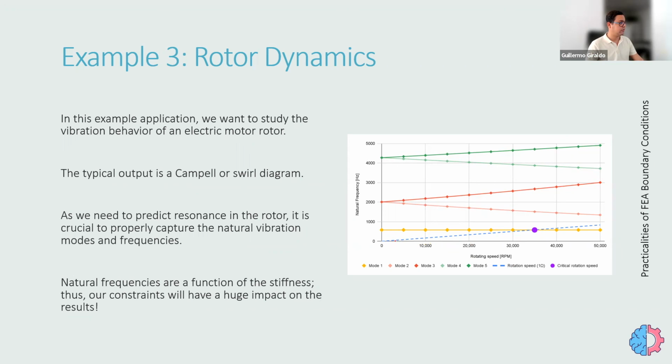And if we plot a line where 1 hertz corresponds with 1 rotation, then we can find this point where, if we operate at this speed, we can expect some resonance. So it's very important, as natural frequencies depend directly on the stiffness, how we model the boundary conditions in this case.